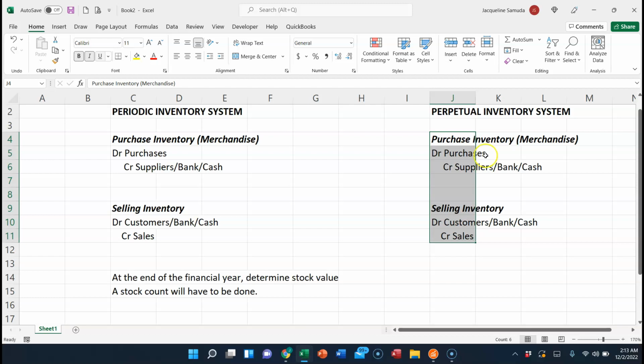If you're going to purchase inventory under the perpetual system, the main difference here is that rather than debiting purchases, you debit your inventory account. And in the situation with the project, it's going to be the inventory controlled accounts.